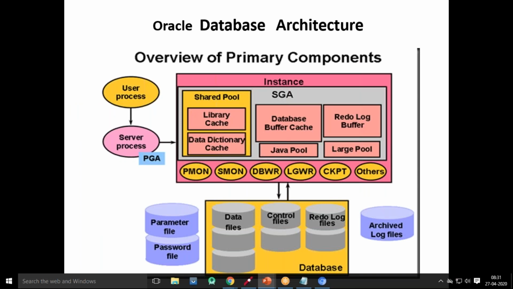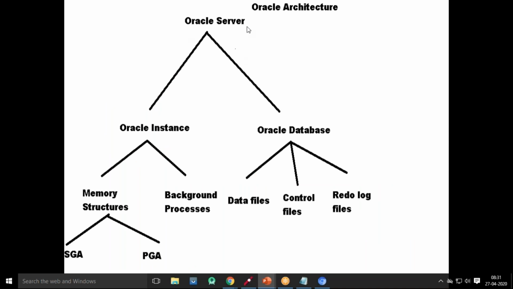Fine. So next one is the architecture. We have the user process, server process, and here the instance. Before that, we'll see how our Oracle server is organized. The Oracle server contains two components: the Oracle instance and the Oracle database.